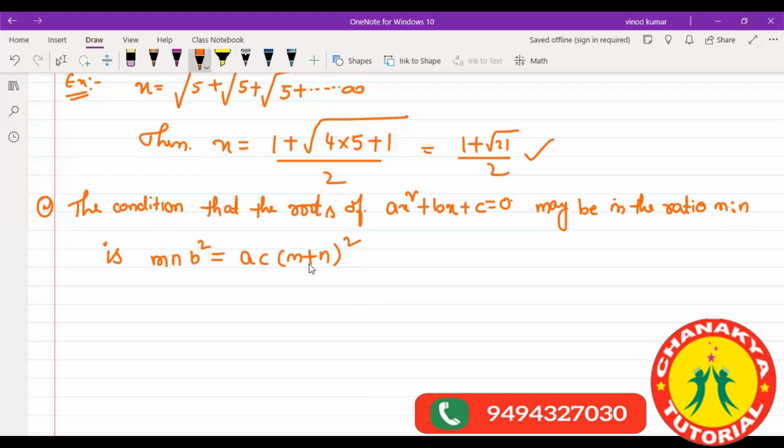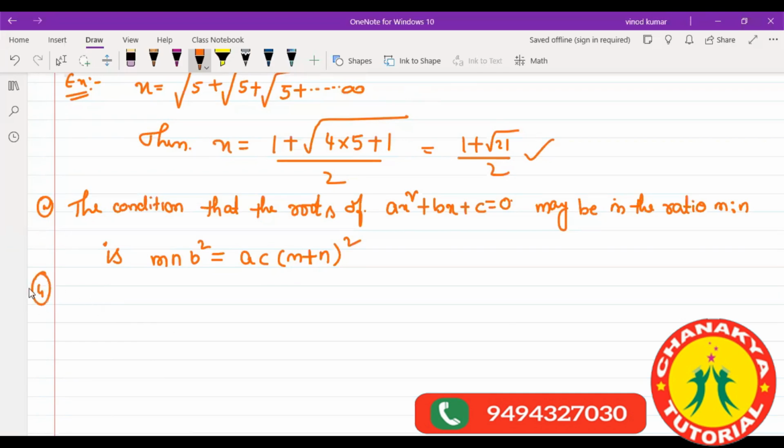Suppose the given roots are 2 and 8. 2 and 8 means a 1:4 ratio. Then the condition is m into n b square equals to a into c m plus n whole square. M means 1, n means 4, a means x square coefficient, b means x coefficient, c means constant in the given quadratic expression or quadratic equation.